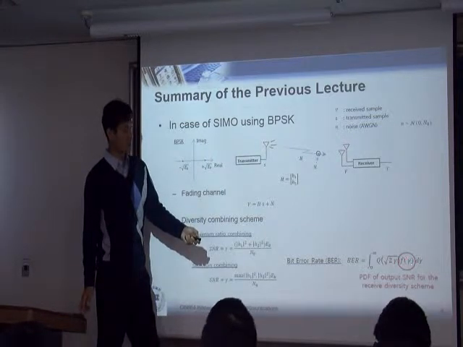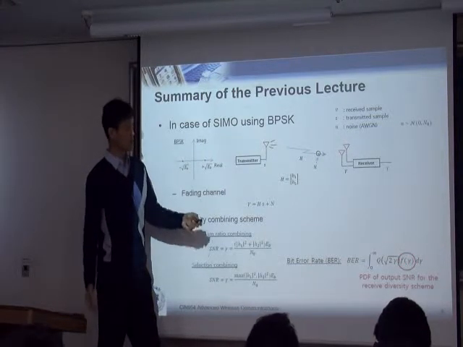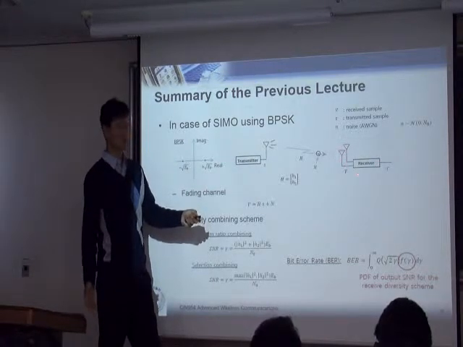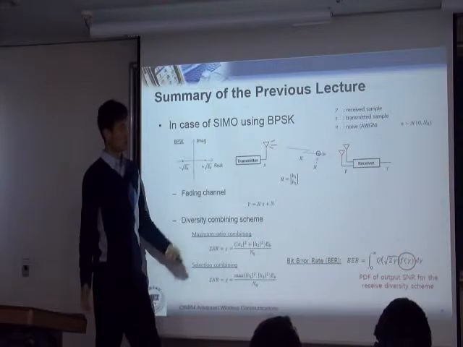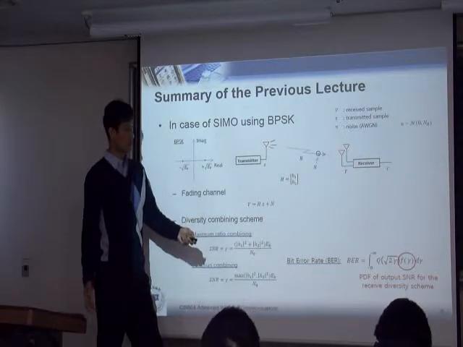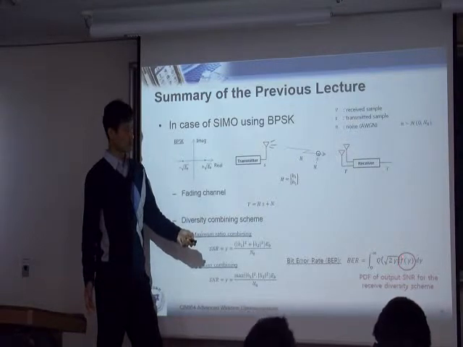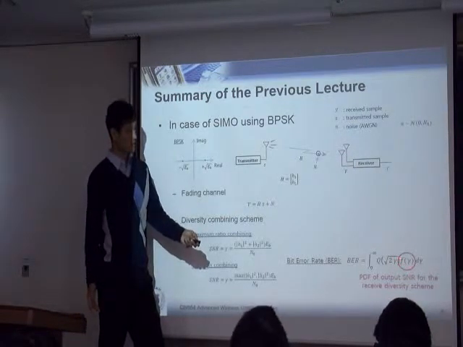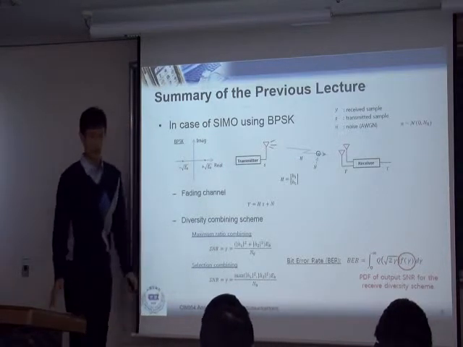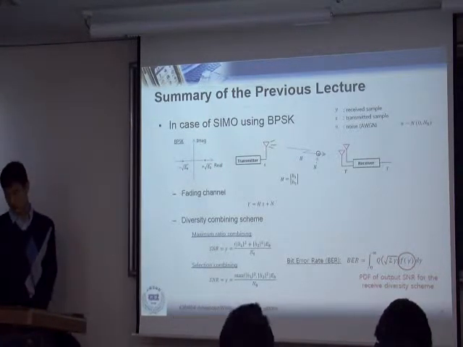This f of gamma, this PDF, is now different when you use 2 antennas, 3 antennas, depending on what receiver you use and how you combine the signals. That makes this f of gamma different, but the Q function depends only on the modulation.